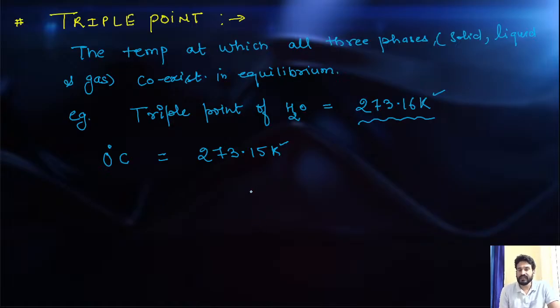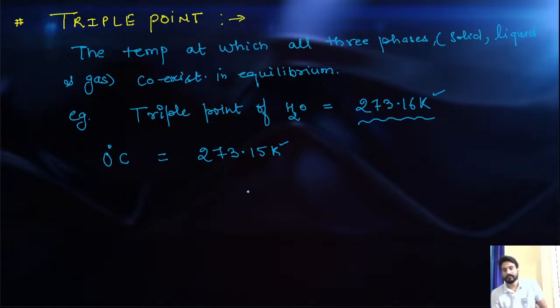But conceptually, as an engineer, there is a very big difference between 273.15 Kelvin and 273.16 Kelvin. At 273.16 Kelvin, all the three phases coexist, guys. Is it clear to you?